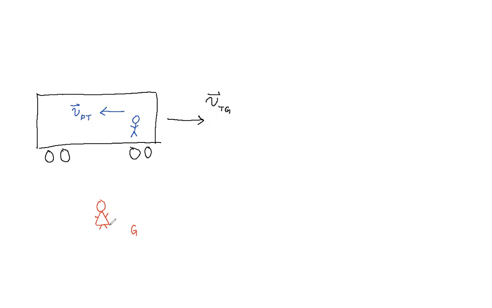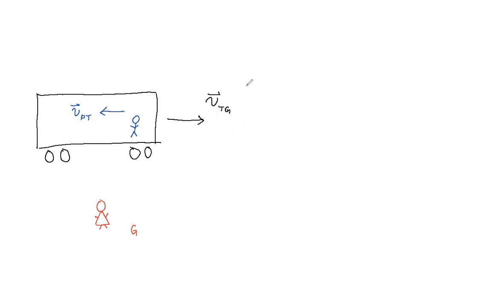So the person watching would see both of those motions superimposed on top of each other. This is what we're really talking about when we mean relative velocities: how do you correctly superimpose velocities of things that are moving with respect to each other and also with respect to someone else who's observing them?